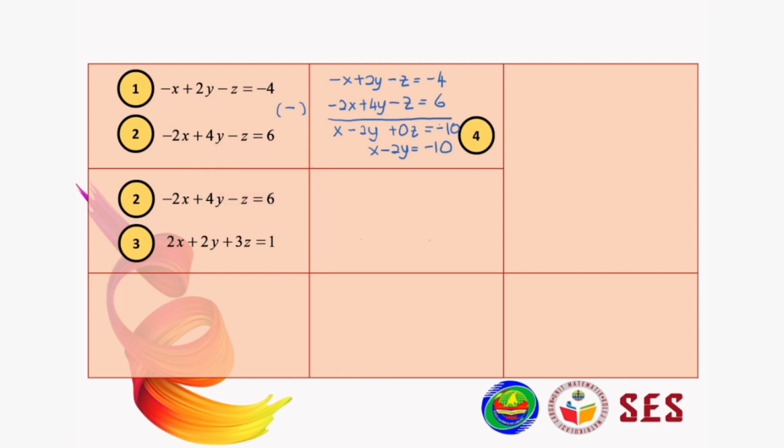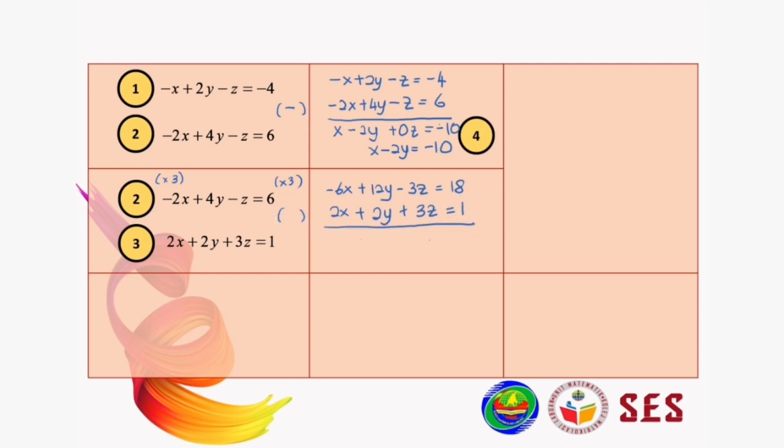So, in order for us to remove z, we need to multiply equation 2 by 3 for both left-hand side and also right-hand side. Therefore, equation number 2 will be negative 6x plus 12y minus 3z equals to 18, and equation number 3 will remain the same as 2x plus 2y plus 3z equals to 1.